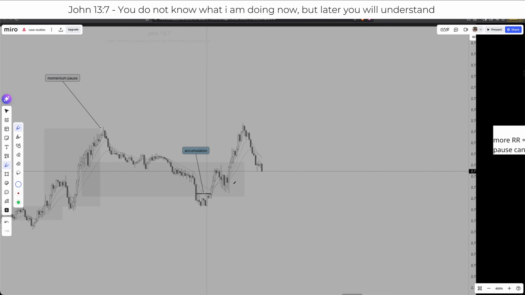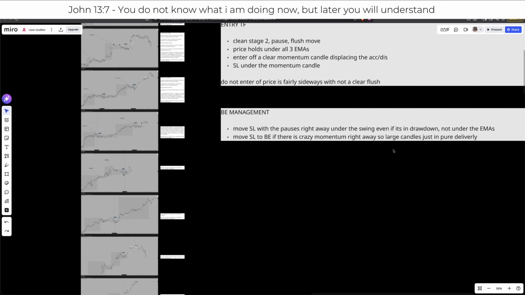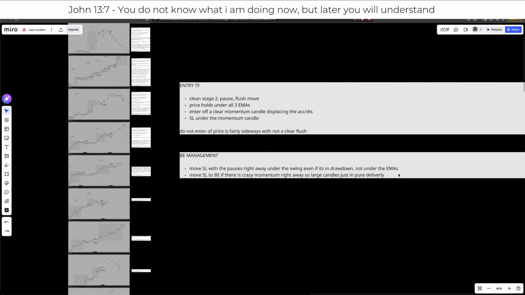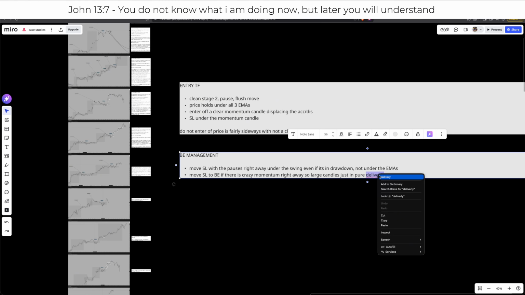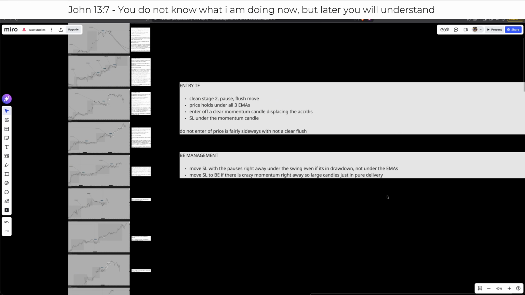If I enter right there and price just literally makes a move like that, then I'm going break even right away. There's no reason why I should wait for a pause to go break even. If price creates that type of movement, then I'll just go break even right away. So that's my break even management.